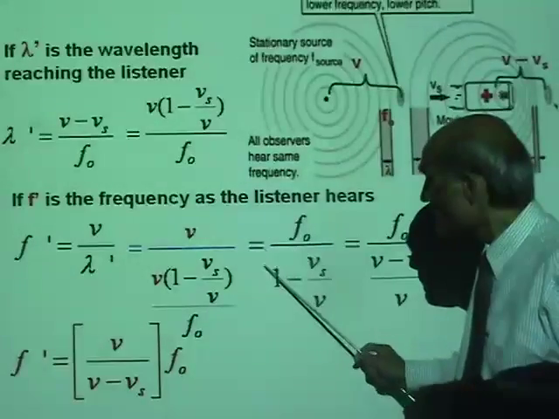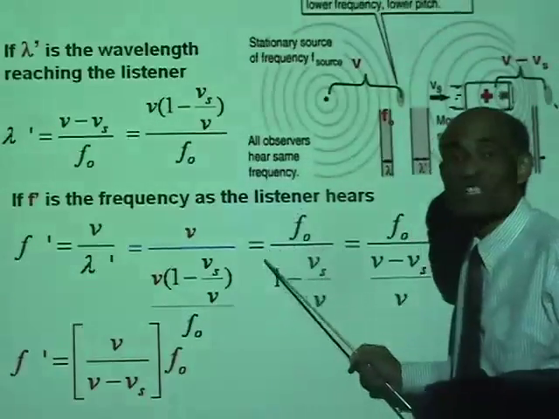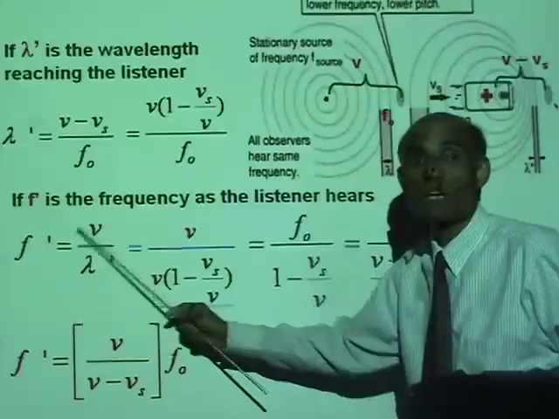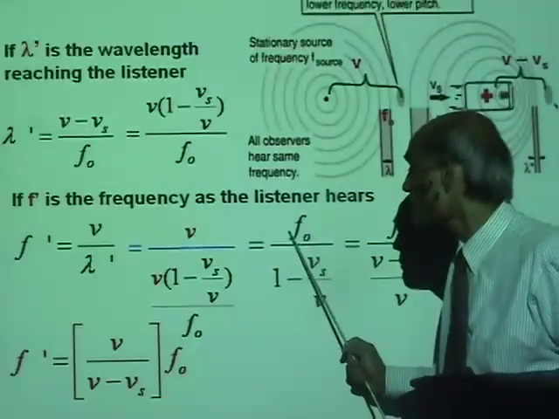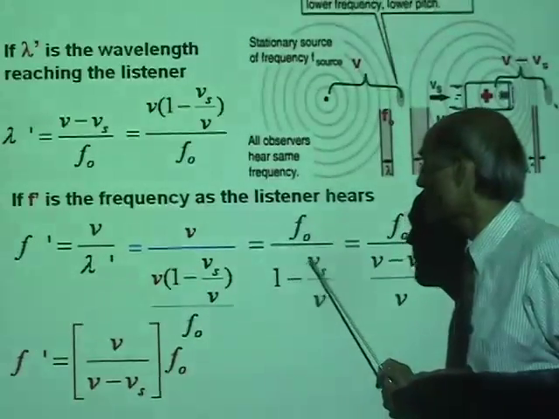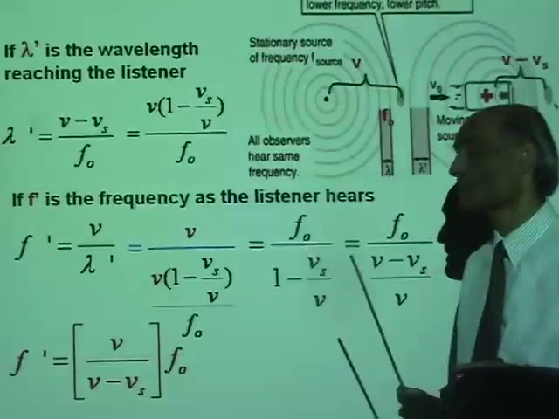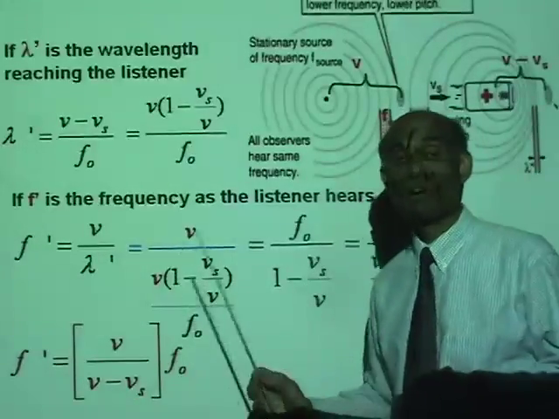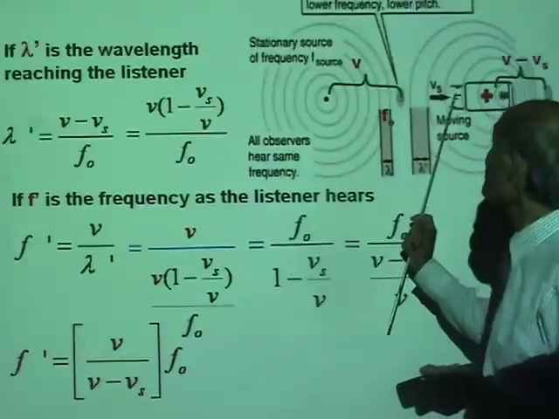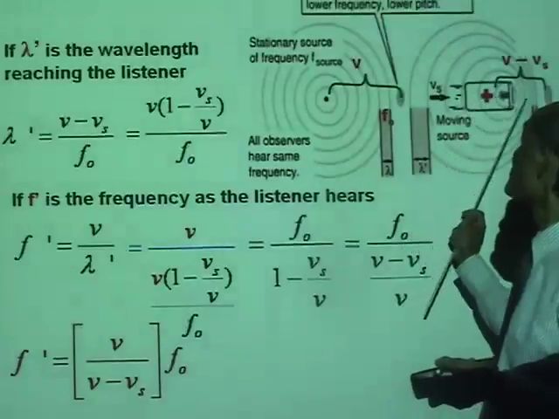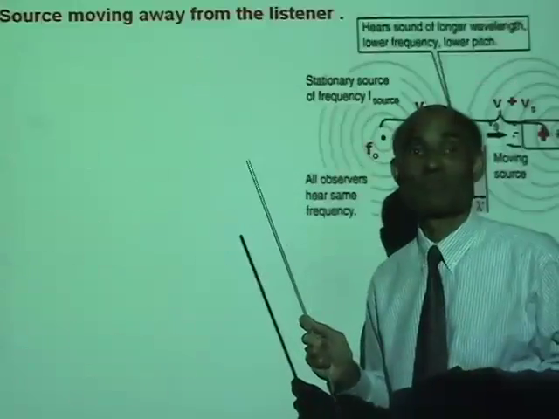But I prefer just to hang on to this equation. F prime equal to F0 over 1 minus Vs over V. Now, this is the case where the source is moving towards the listener.